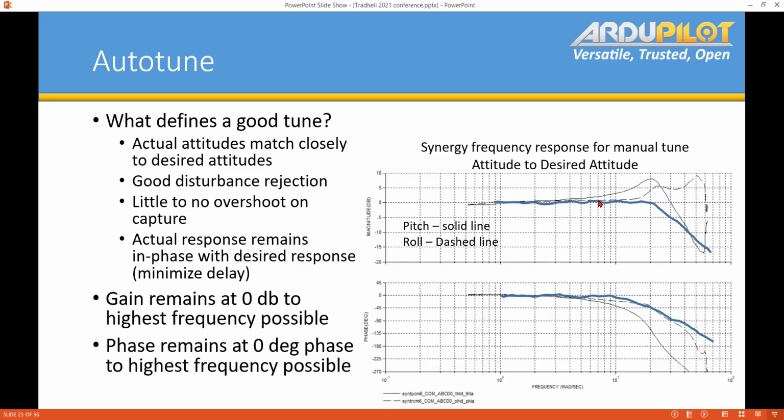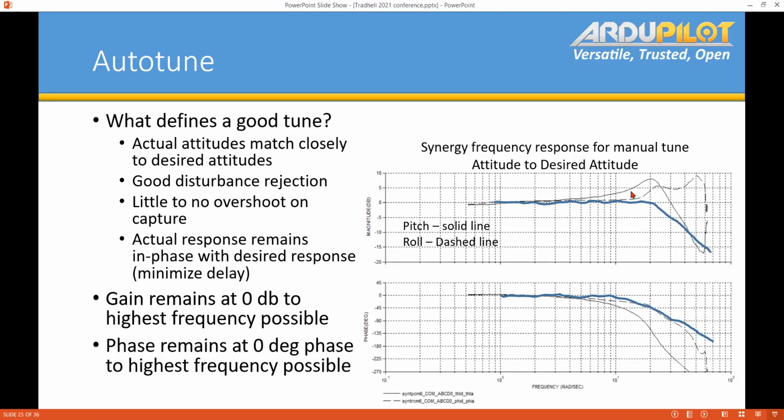You want this flat across the top here, and then it rolls off, but you want this roll off to happen at as high a frequency as possible. And then for the phase, you want it to stay near 0 degrees as far out as you can, and then roll off.